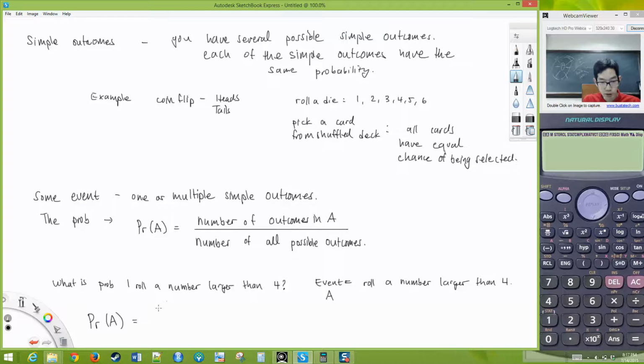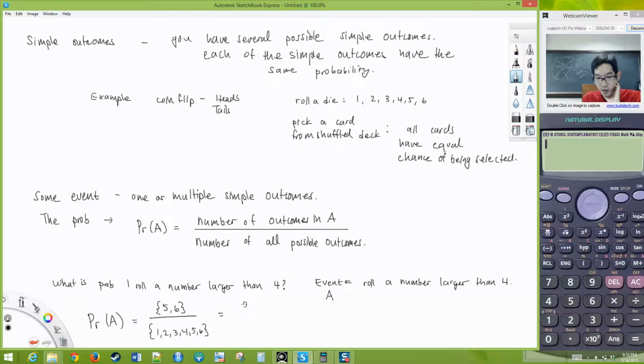Those are the only outcomes bigger than 4. And how many outcomes do we have? We have 6 outcomes: 1, 2, 3, 4, 5, 6. I'm using curly braces to indicate that those are the outcomes.